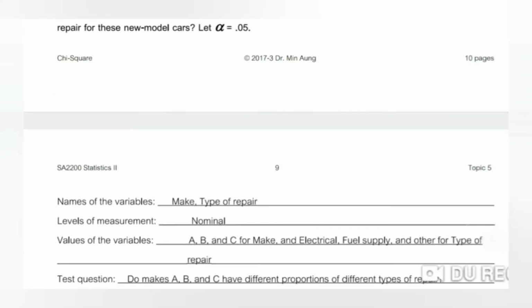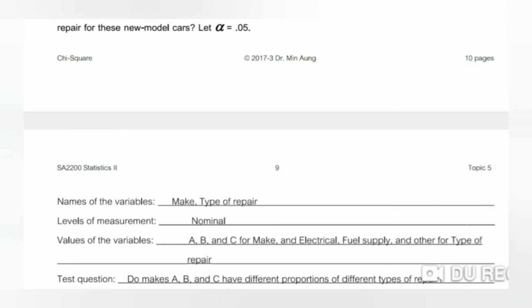So after that, you can understand all these questions and answers. There are two variables, make and type of repair. Level of measurement, both are nominal. The values are A, B, C for make, and electrical, fuel supply and others for type of repair.